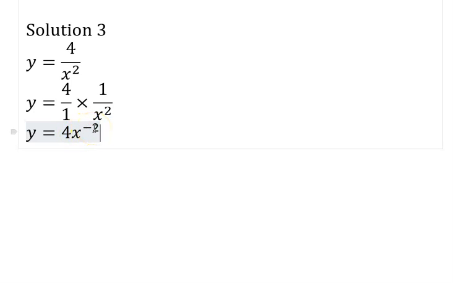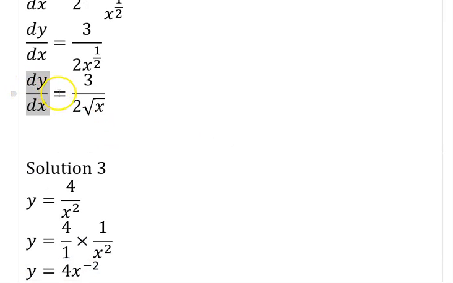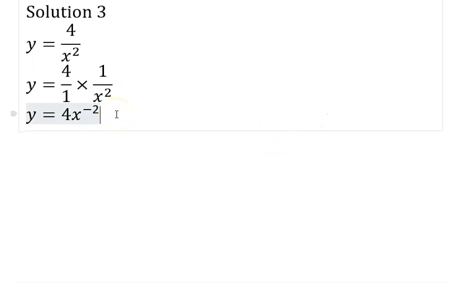Now, with this, we can now differentiate. So let's get our dy dx, because we're actually differentiating with respect to x. As usual, anything you have at the power here, don't forget, you bring it back, then you subtract 1 from it.